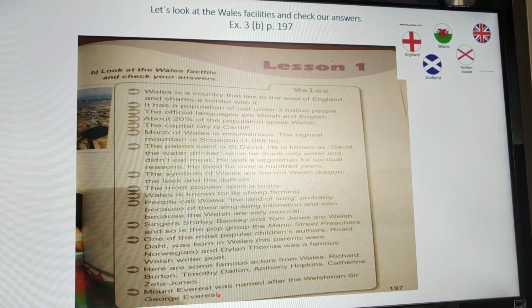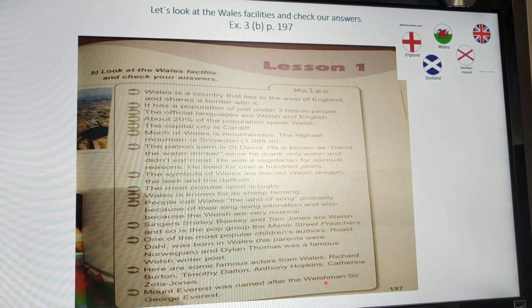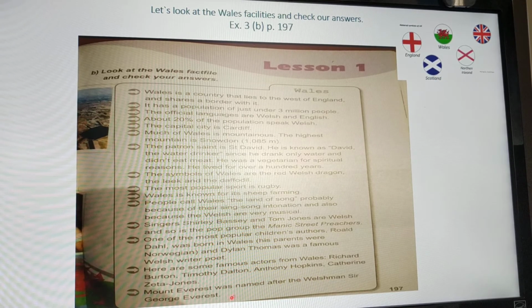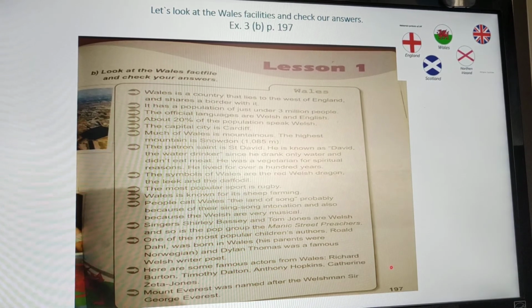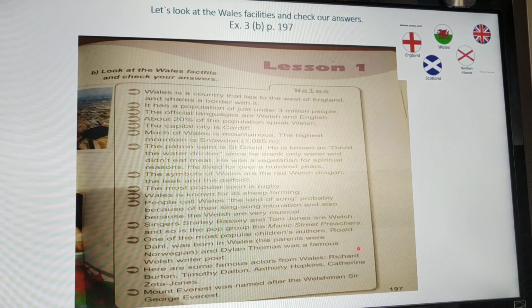Mount Everest was named after the Welshman Sir George Everest. So you see, here is the main information about Wales. I hope that the answers were correct.